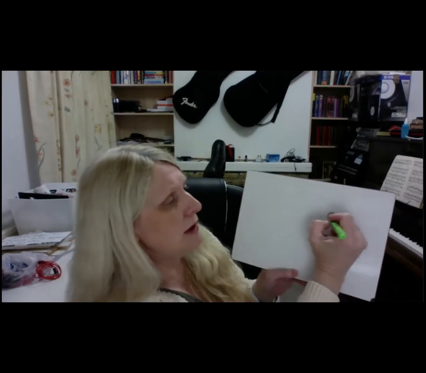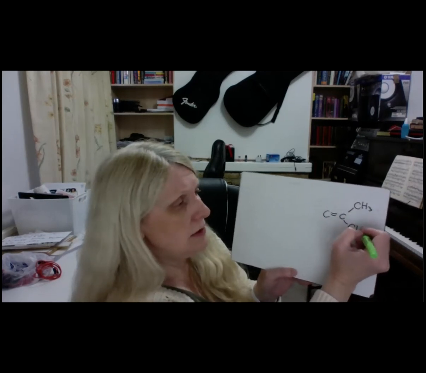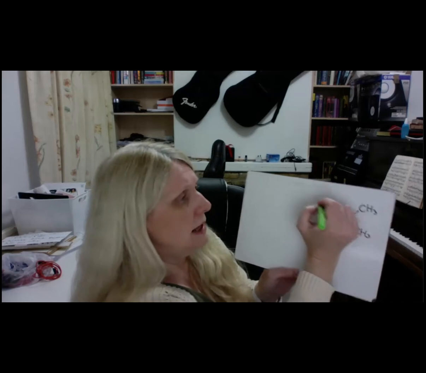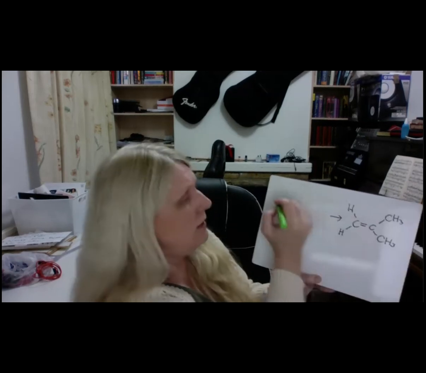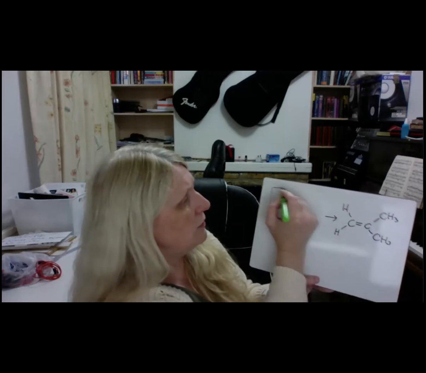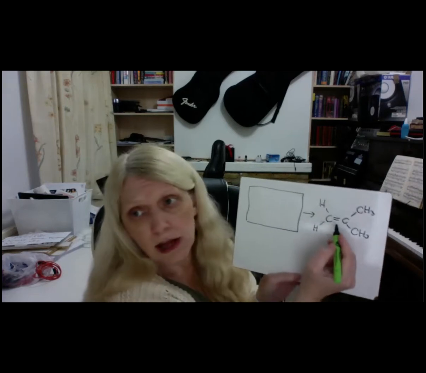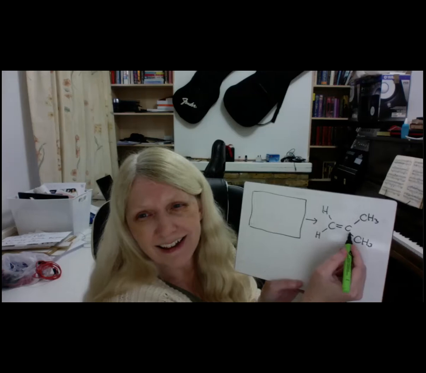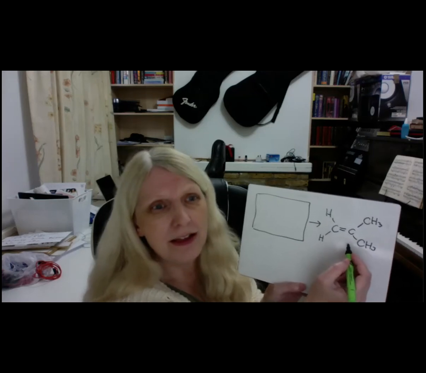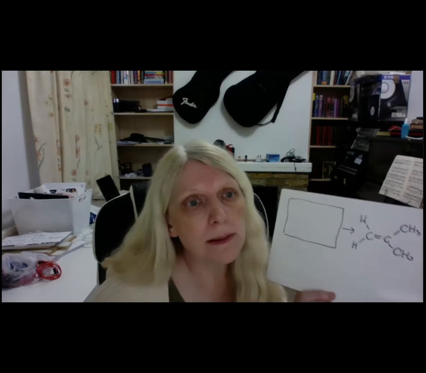So here's what we're trying to get over here. There's a CH3 up there, there's a CH3 down here, there's an H there, and there's another H there. Here's my box, which is what I'm trying to find out. And we know this is a dehydration, so dehydration removes an OH from one and an H from the other. Does it tell me which one? Does it matter which one we're doing?